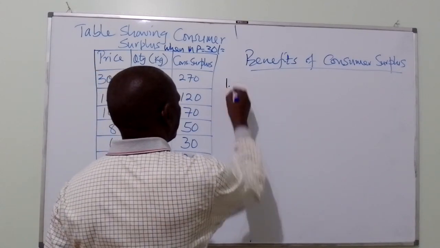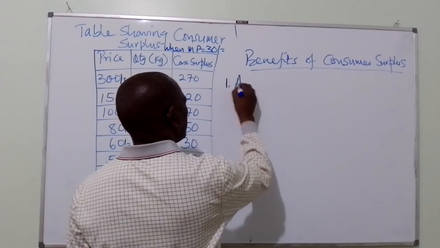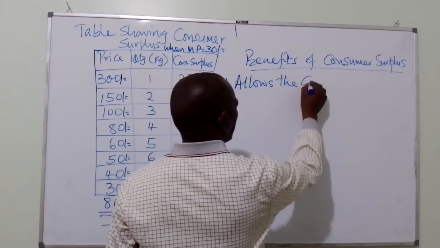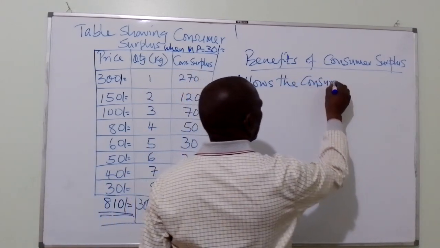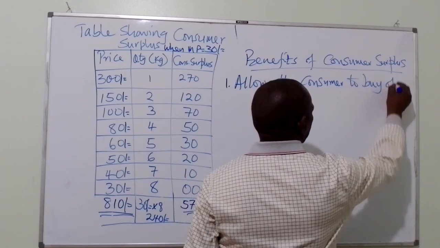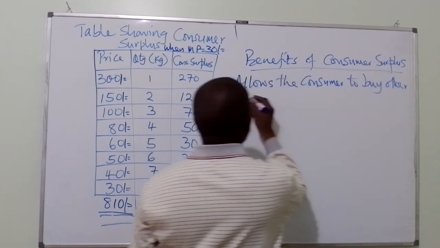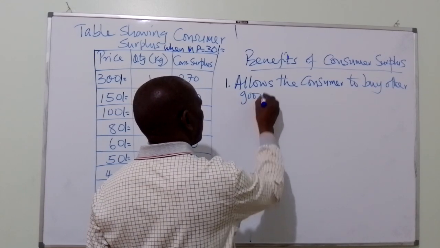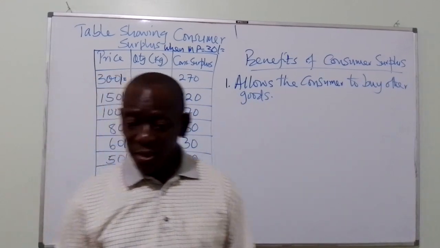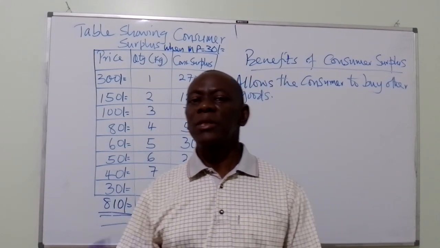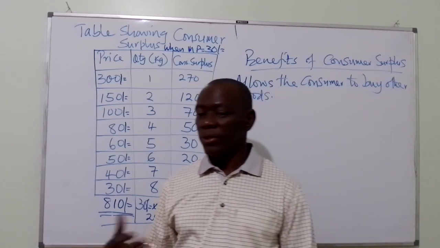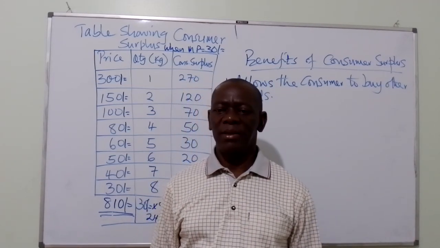Number one, it allows the consumer to buy other goods. Now with the 570, you are going to buy what you did not plan. In other words, you went to the shop to buy only sugar.